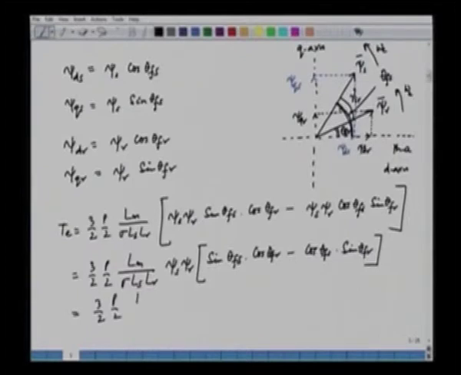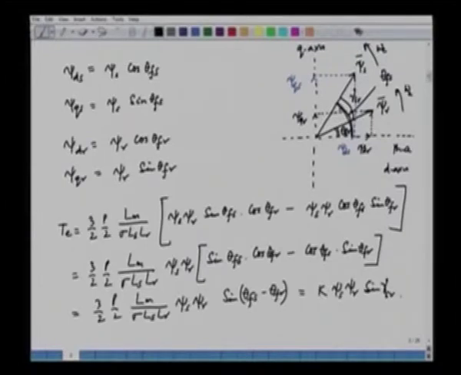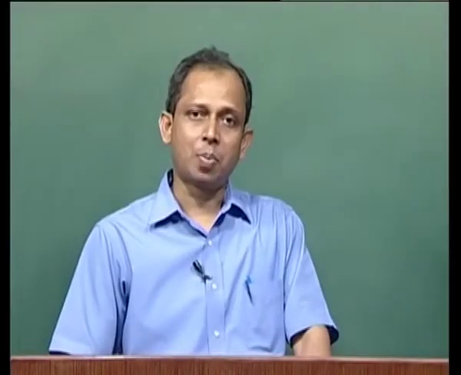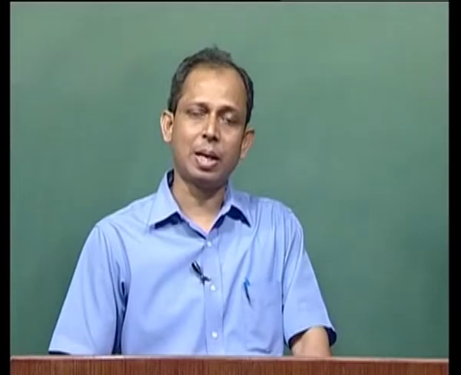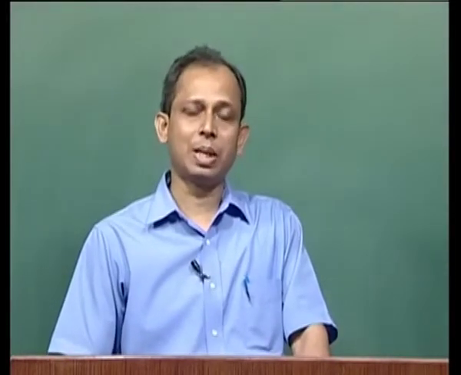The expression for the torque can be further simplified as psi s psi r into sin of (theta fs minus theta fr), or equal to some constant k, psi s psi r into sine of gamma Sr. So, what it shows is that the torque is given by the product of the two flux magnitudes psi s and psi r into the sine of the angle between them.